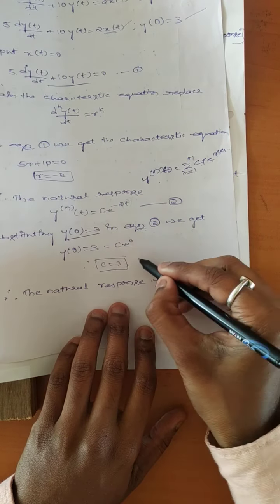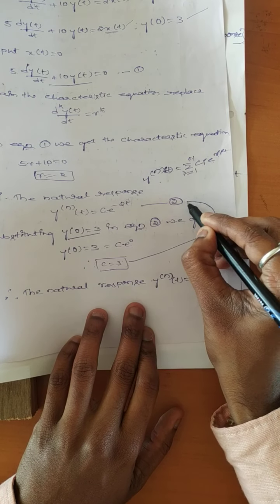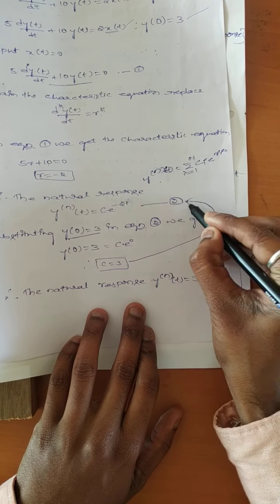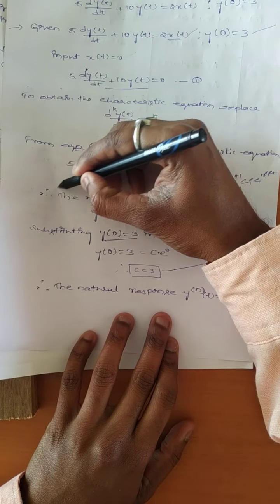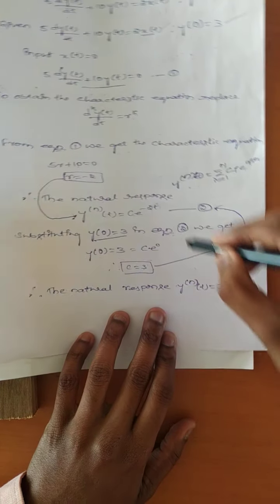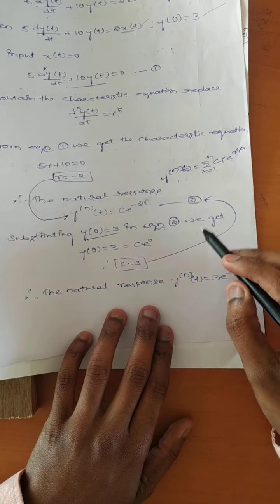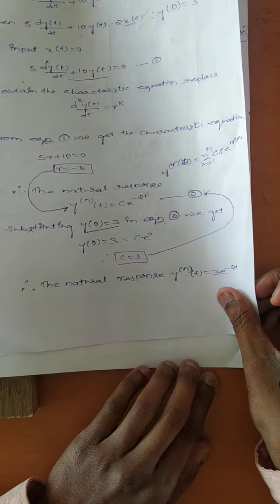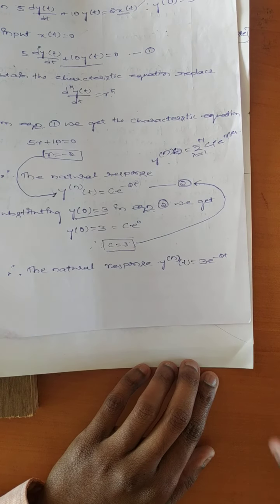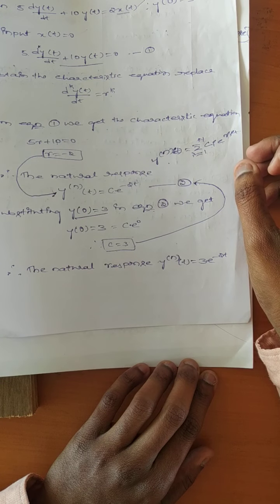Just substitute both the r value and c value in this equation. First you substitute the r value in this, and then substitute the c value. Calculate c and substitute in equation number 2. This is how you are going to calculate the natural response.